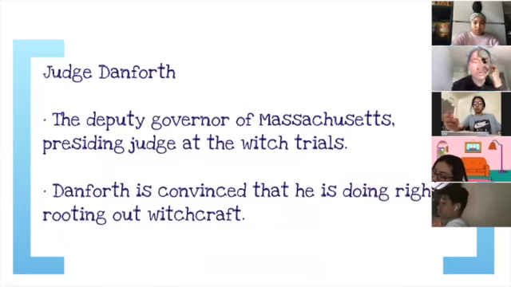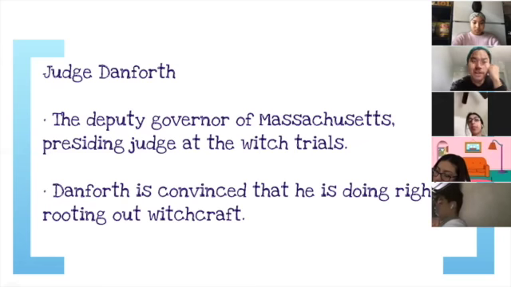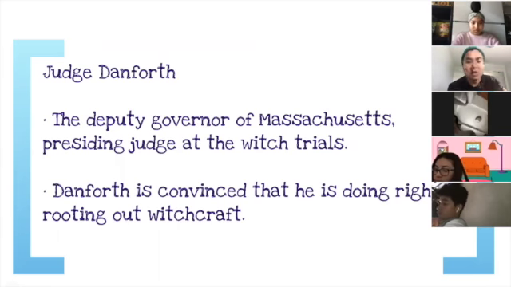So he's a judge in charge. He sentences many people to death and to be hung because he believes that there's witchcraft in the town. And it's all based on the fact that these girls say they are being attacked by the witchcraft and the devil. So Danforth is convinced he's doing good, and he thinks he's doing good.